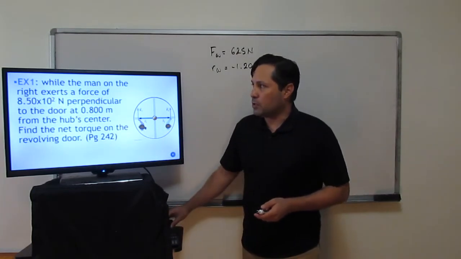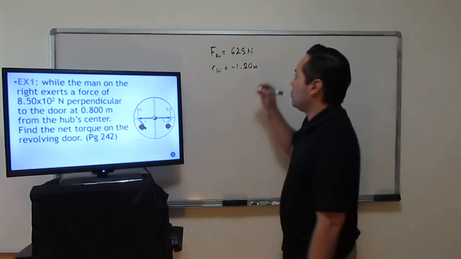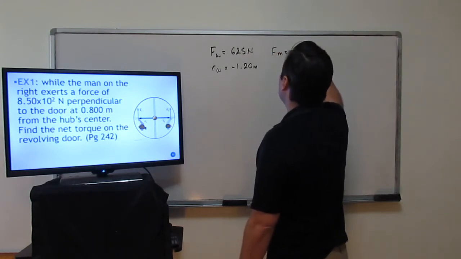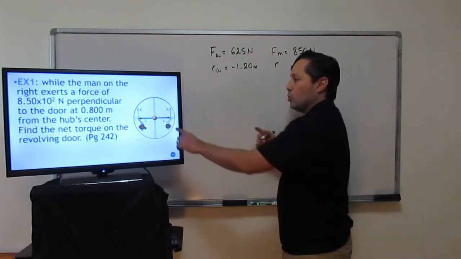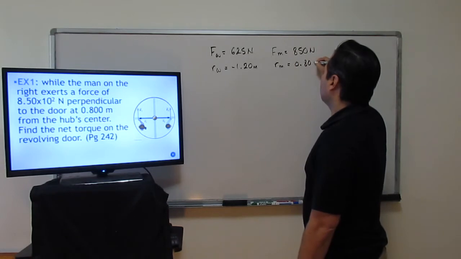Next, they give us the following: the man on the right exerts a force of 850 newtons. So the force of the man is equal to 850 newtons, and he is positioned at 0.8 meters to the right of the pivot point.